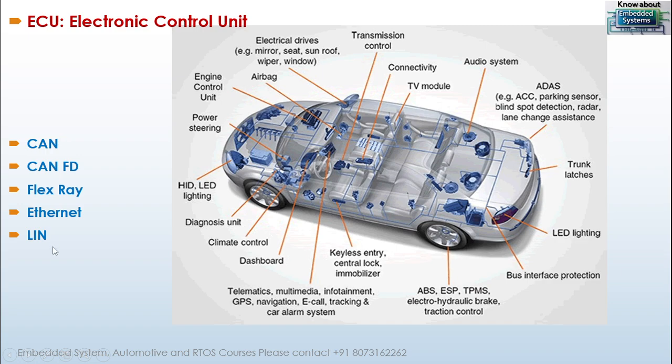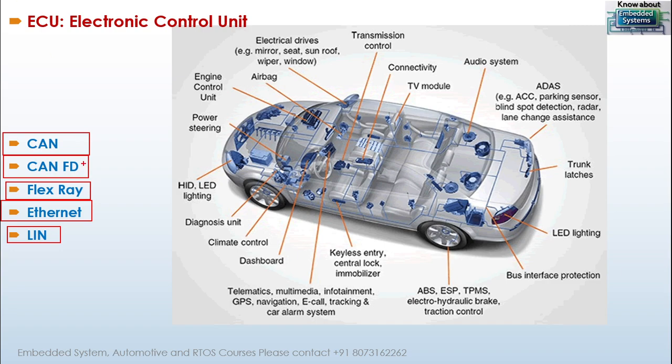There are 5 major protocols we will be seeing in our automotive system. One is called CAN, which stands for Control Area Network. One is CAN-FD, which stands for Control Area Network Flexible Data Rate. Then we have FlexRay, then Ethernet, and then LIN. All 5 protocols are predominantly used in automobiles, especially CAN-FD and FlexRay.